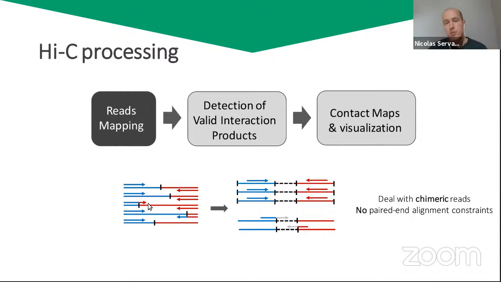The other important thing is that you don't want to put any constraints on the distance between the 2 reads, because you can have short or quite long-range contacts. So what you can do, for instance, is to align the first read on one side, the R2 read on the other side, and then merge the alignments to avoid any constraint based on insert size.